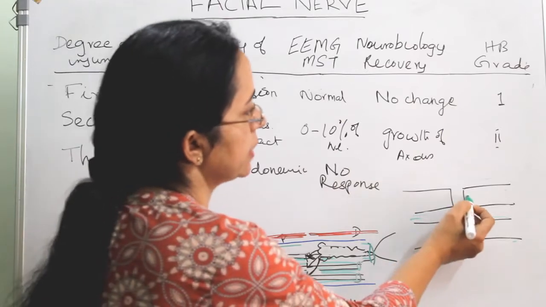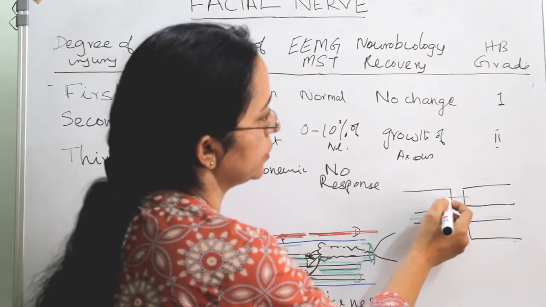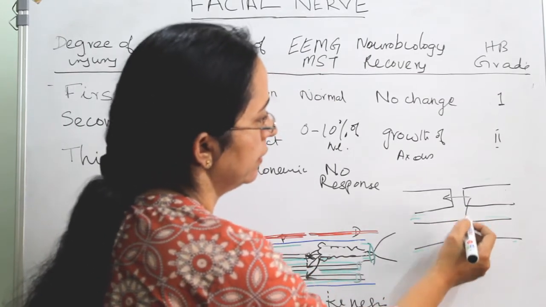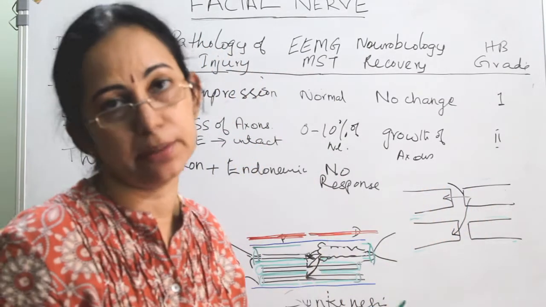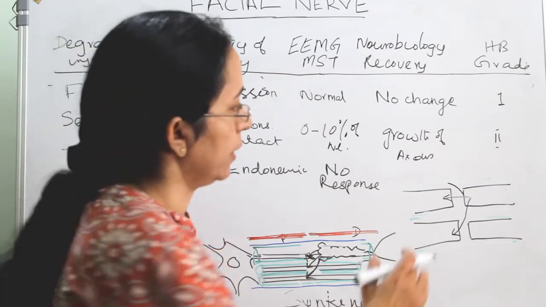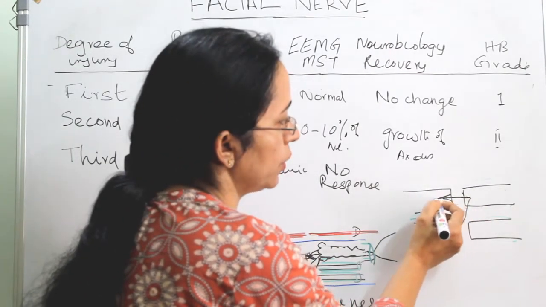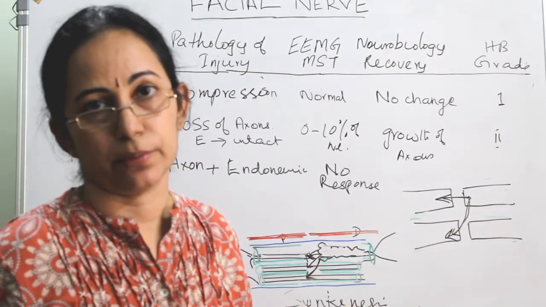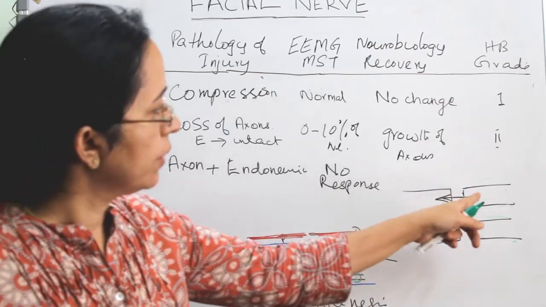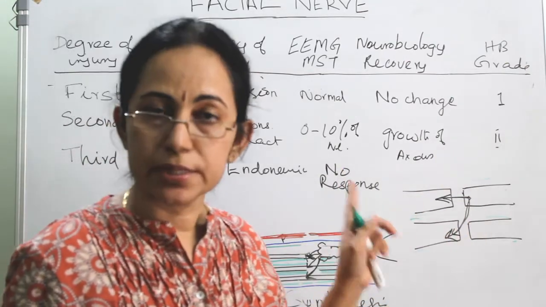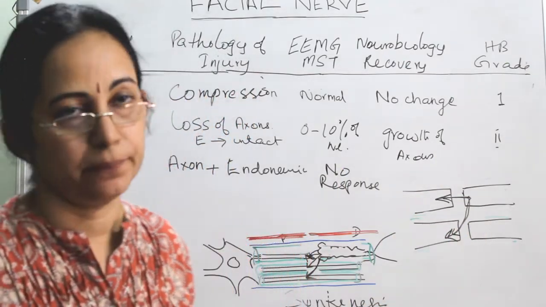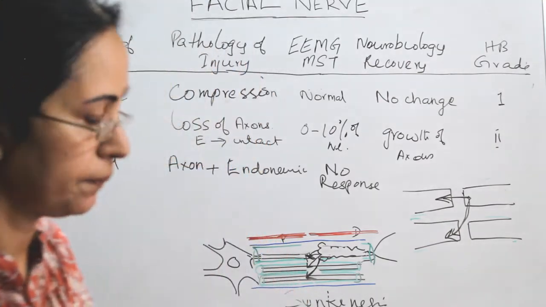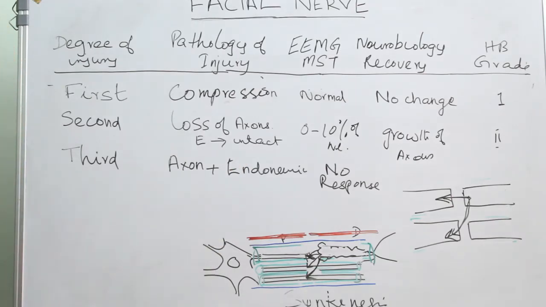Instead of joining with its parent axon, it will go here or to some other axon. Or sometimes it will split, one part going here and the second part going to the next axon. So there will be mixing up or splitting up of each axon fiber, and that is the basis of synkinesis that I will tell you later. So that is what happens there.